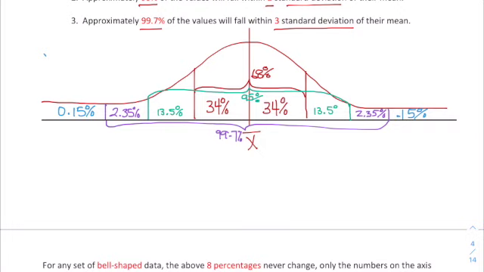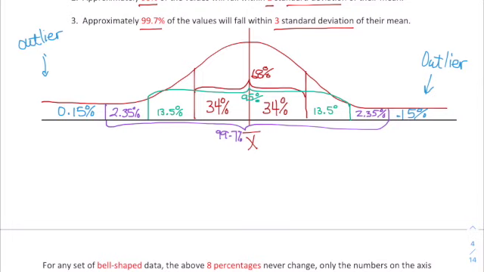Because 0.15 is such a small percentage, there's going to be data there, but it is such a small amount. So most of the time, your outliers are going to be laid out there. The outlier in this case is just the data that is not the normal data, because the normal data stays within the 3 standard deviations, and that covers about 99.7%.